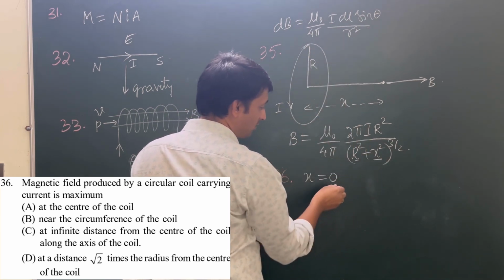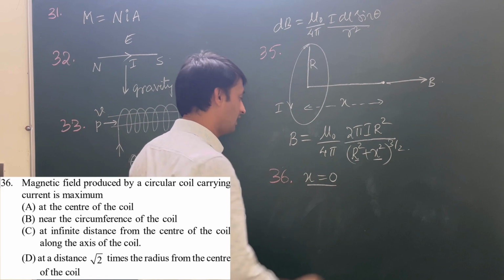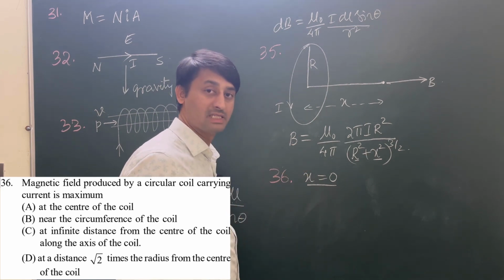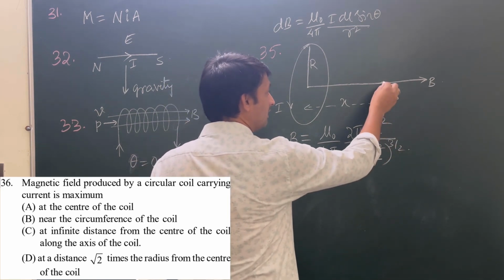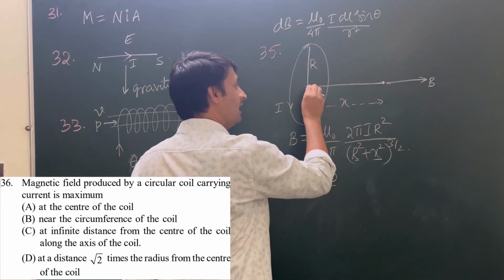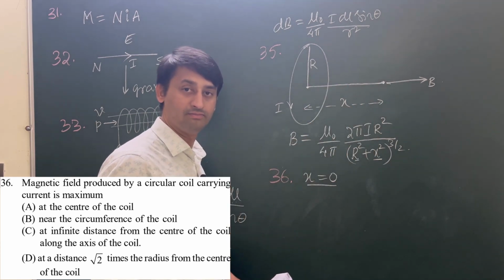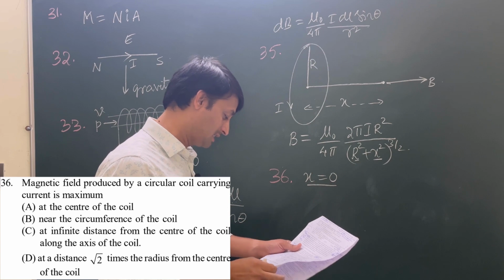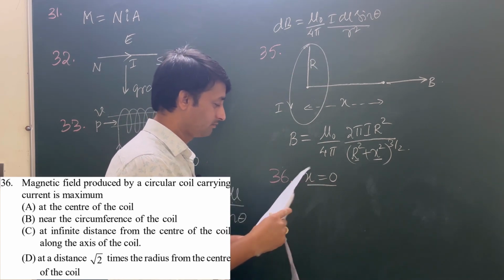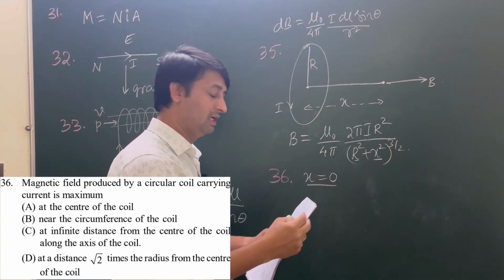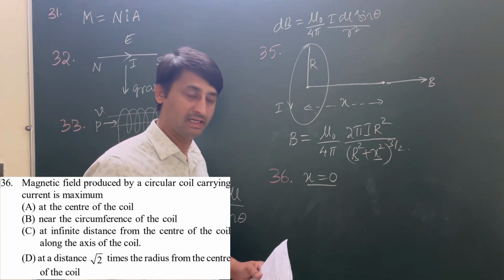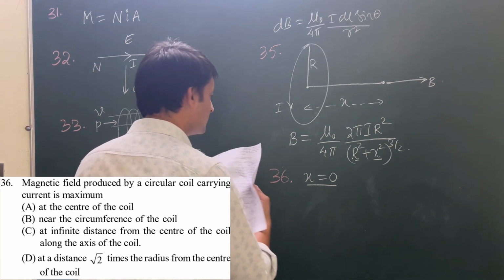When x is equal to 0, the magnetic field will be maximum. X value 0 means this point should come here at the center of the coil. The magnetic field will be maximum at the center of the coil. Option A is the correct answer. At the center of the coil, x is equal to 0.